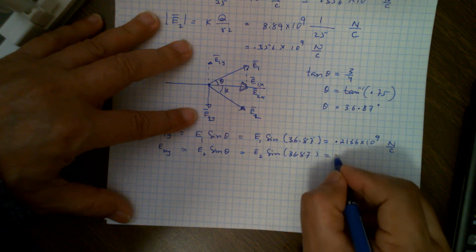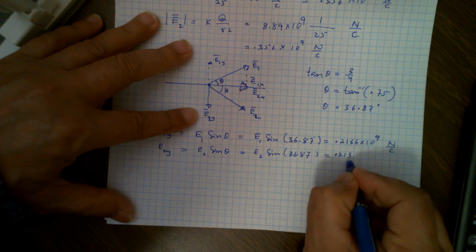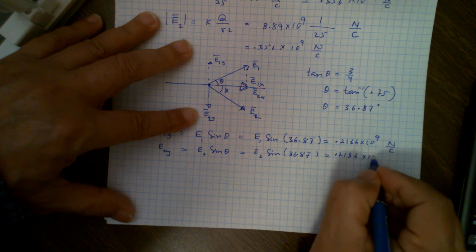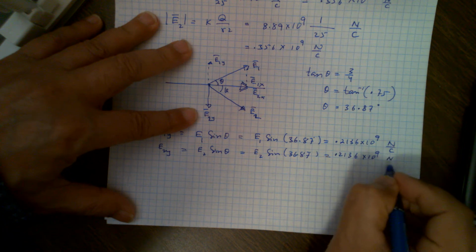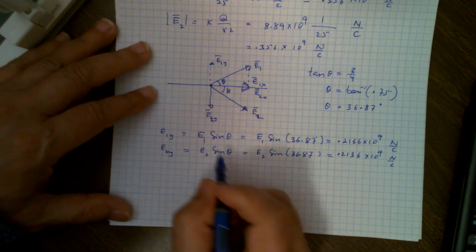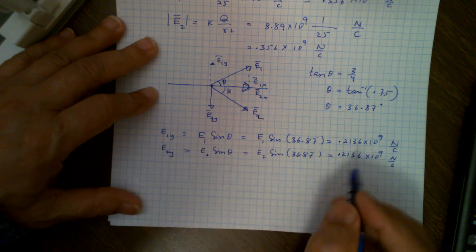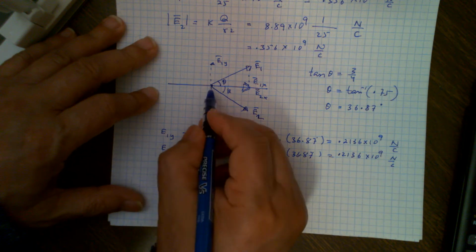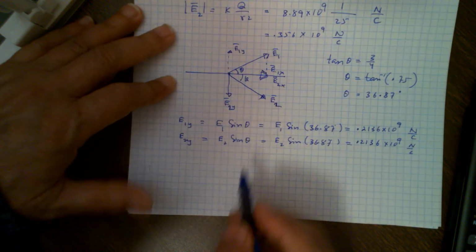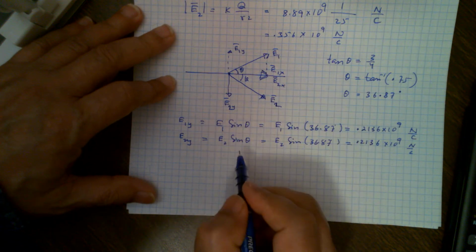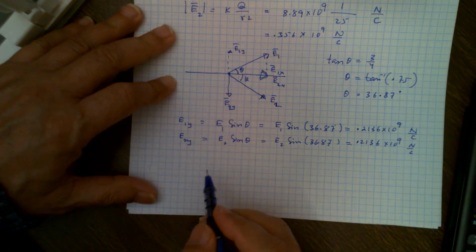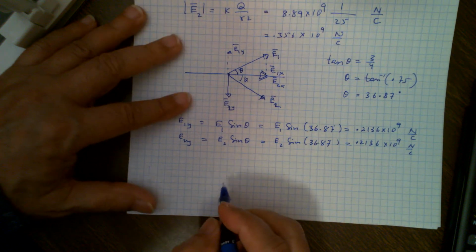So this is also 0.2136 times 10 to the power 9 newtons per coulomb. But E1y is pointing up, E2y is pointing down, so they will cancel each other out, so there is no y component. But E1x and E2x are in the same direction, and they'll be adding up.